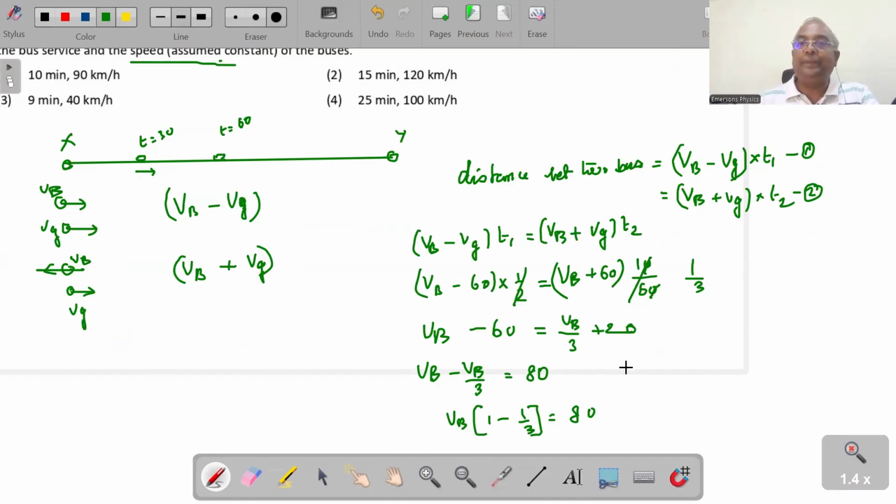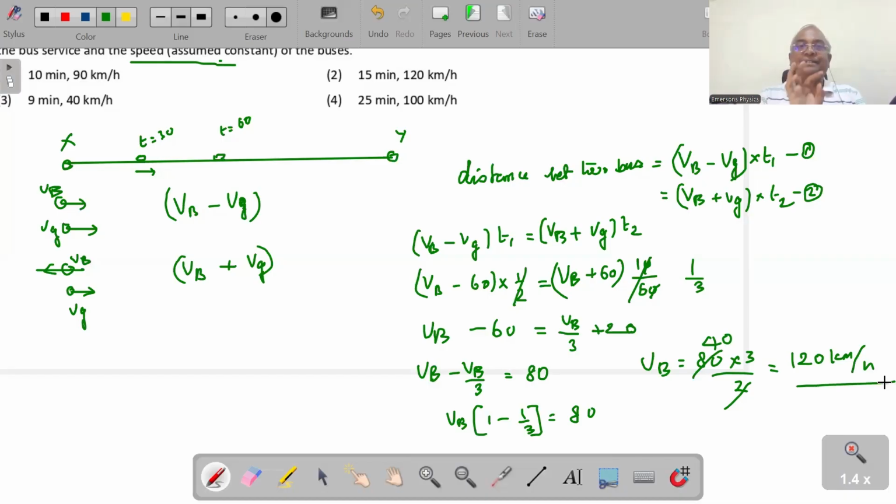The velocity of the bus will be equal to 80 into 3/2, which is 40 into 3, 120 kilometers per hour is the velocity of the bus.